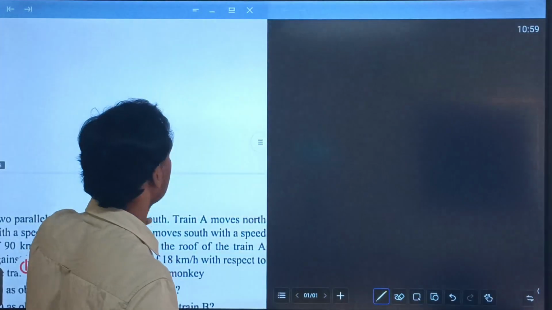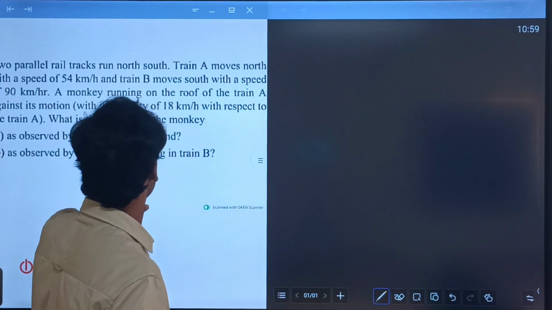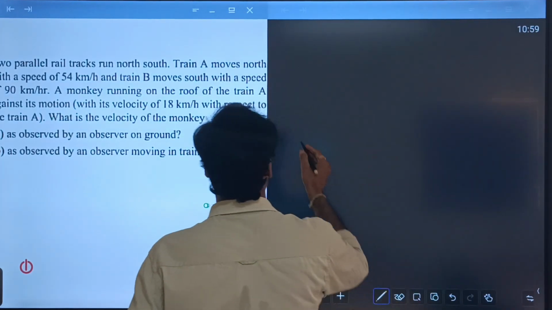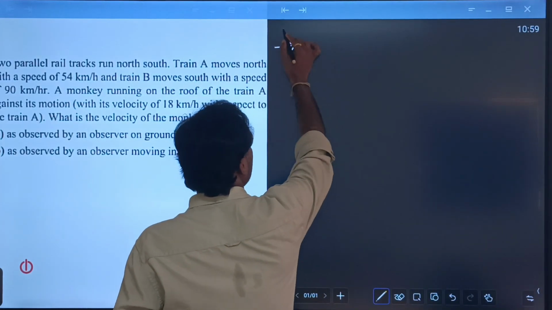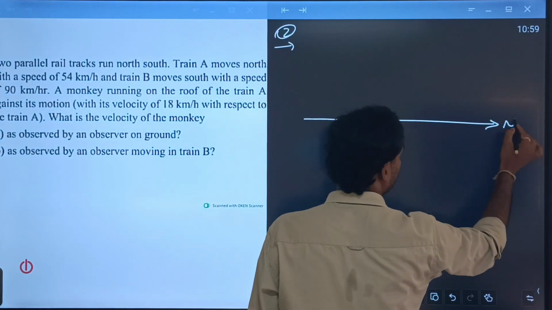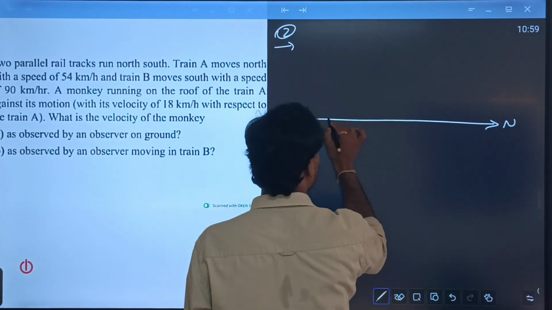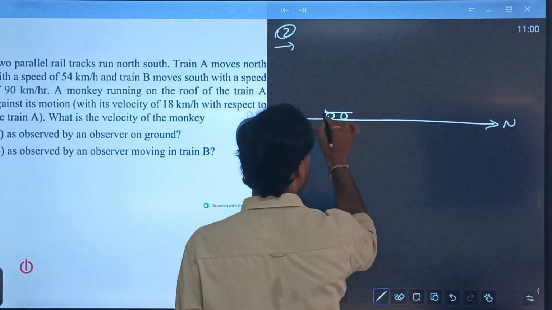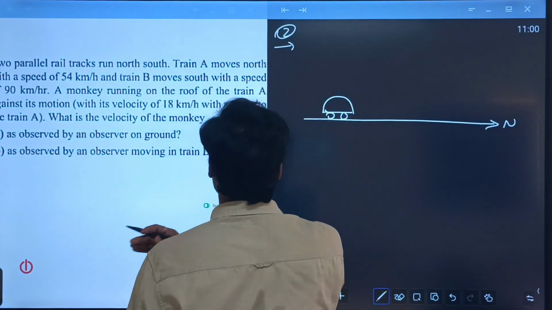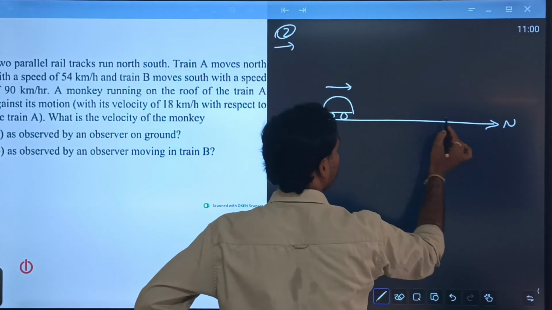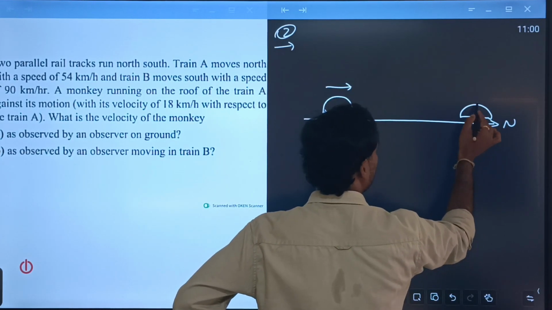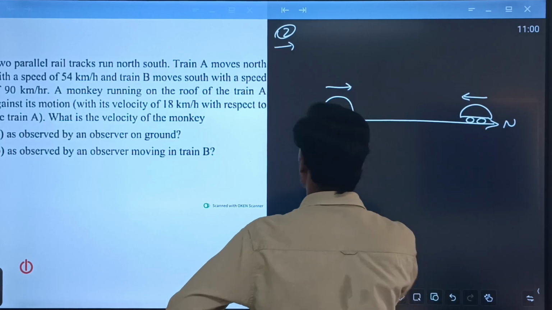The second question says that two parallel train tracks run north and south. Suppose this represents the north direction, and here one car is present, moving towards the north, and here one more car is present, moving southward.